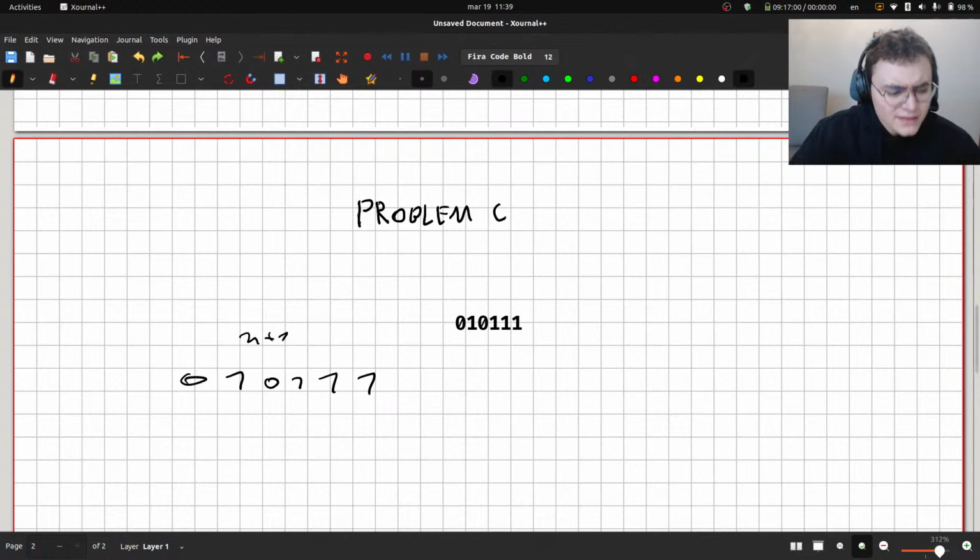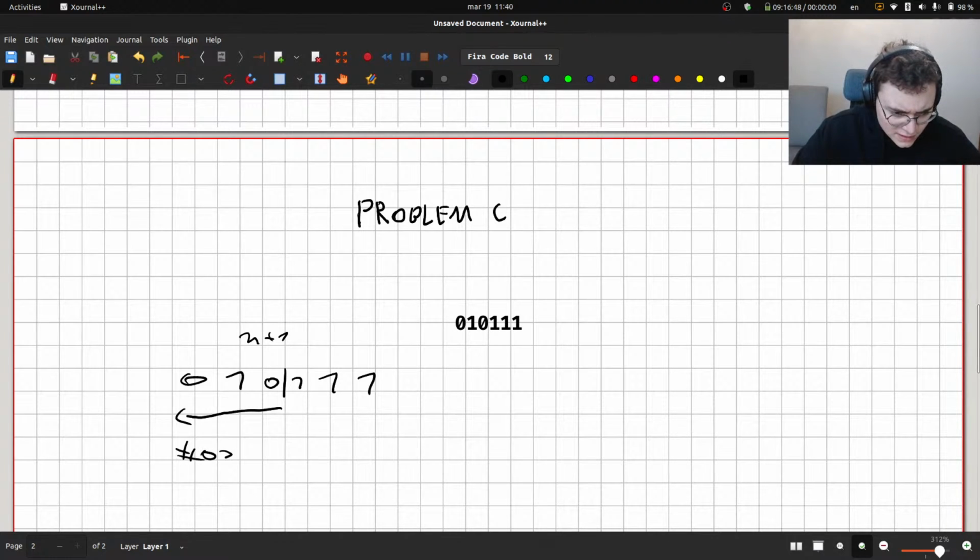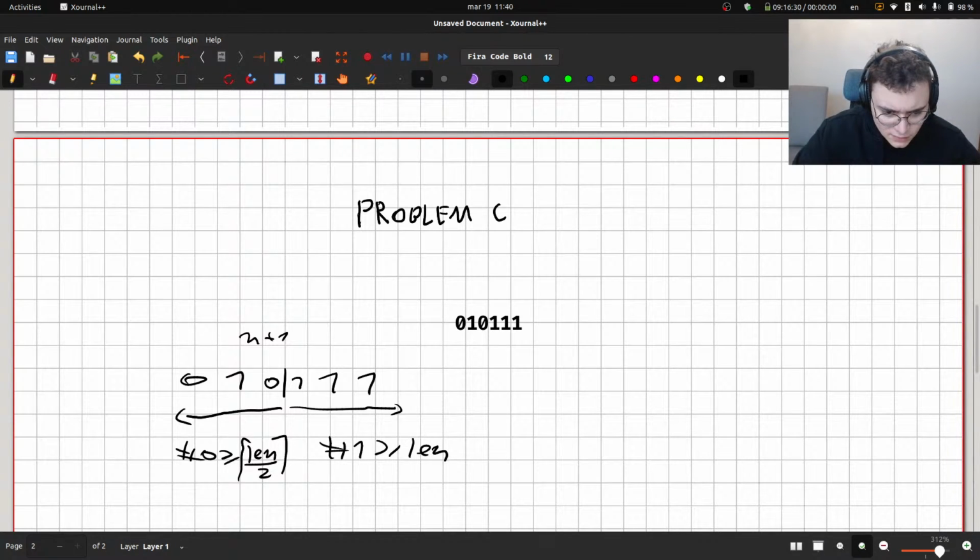And we want to divide it at some point such that, left of this point, the number of zeros is bigger than length divided by 2, and right of this point the number of ones is greater or equal than length divided by 2.